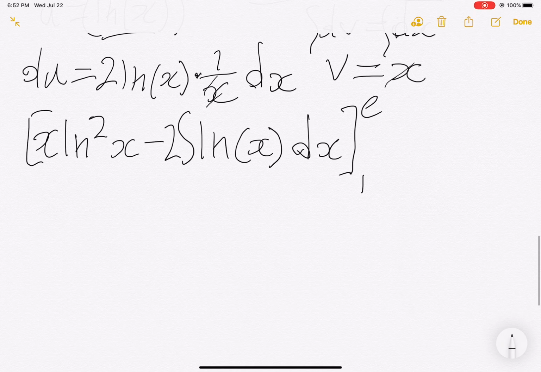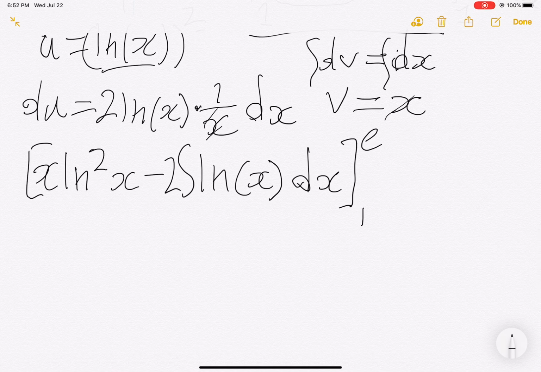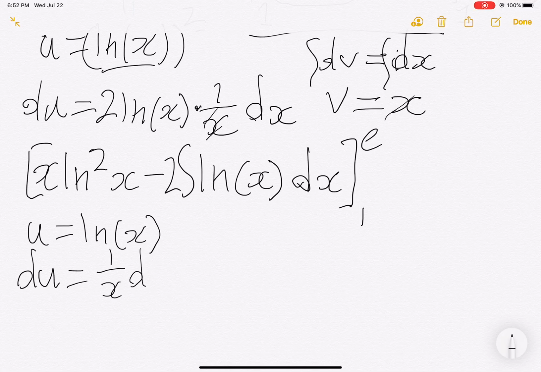So now let's conduct integration by parts on the natural log of x. So u equals ln of x, du equals 1 over x dx, dv equals dx, and in general v equals x.